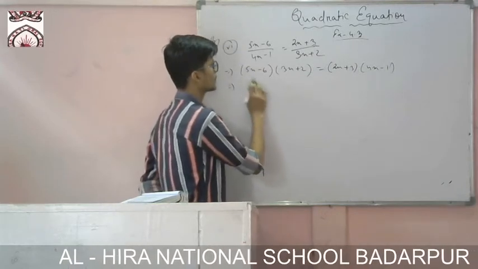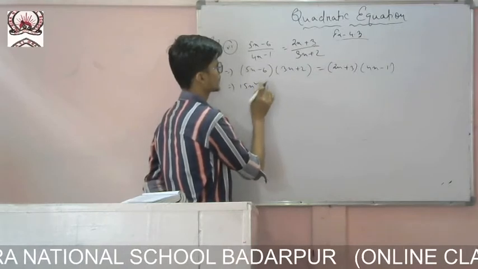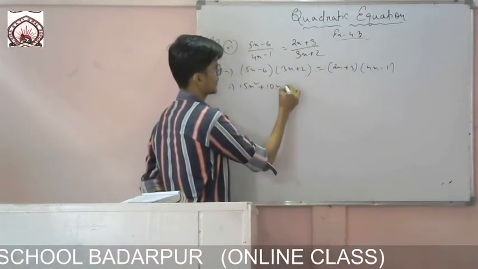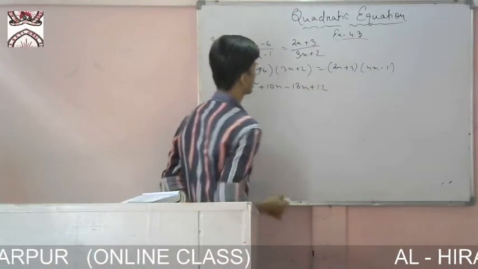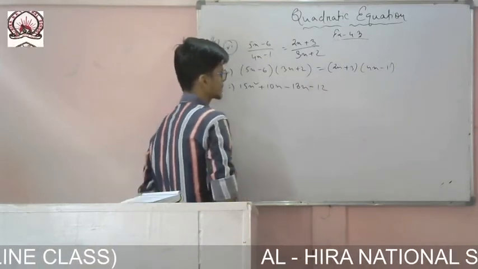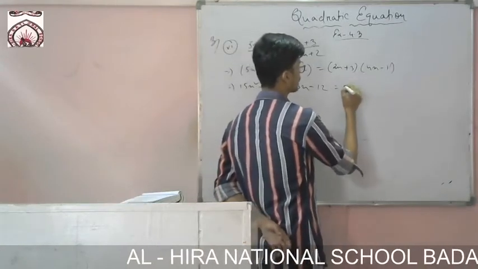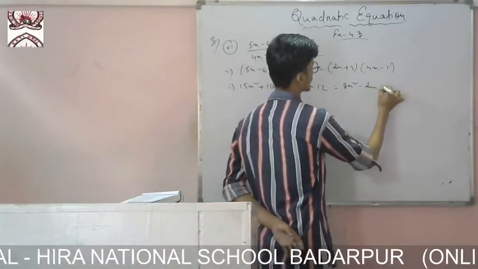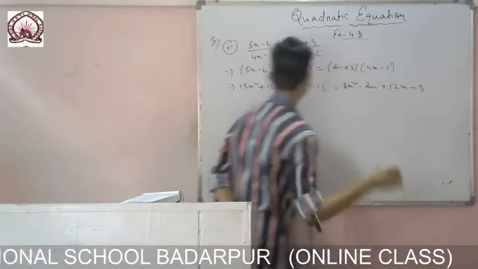If I go on multiplying, 5 3s are 15x square, minus, first let me do it by 5. 5 2s are 10, so 10x, minus 6 3s are 18x and 6 2s are 12. So it will be 15x square plus 10x minus 18x minus 12 equals to 2 4s are 8x square minus 2x plus 3 4s are 12x minus 3.